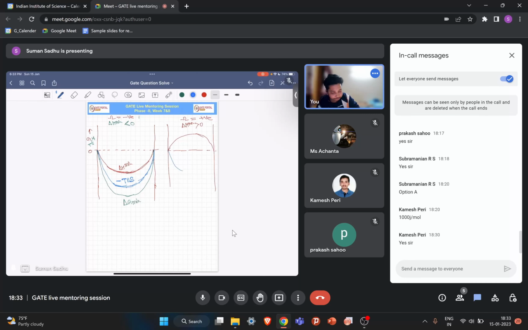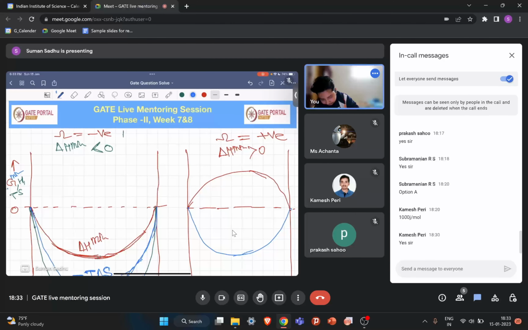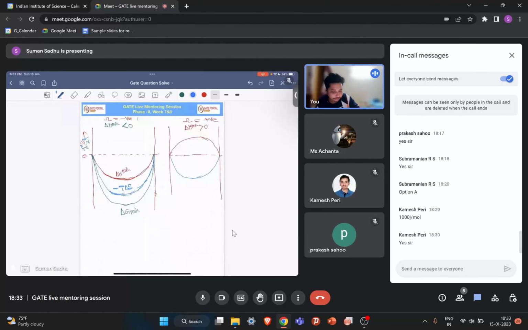So minus T delta S will be like this. So this is delta G mix. Okay. This is not the G of solution. This is delta G mix. Okay. So now this is your delta H mix when omega is positive, and this is your minus T delta S mix.